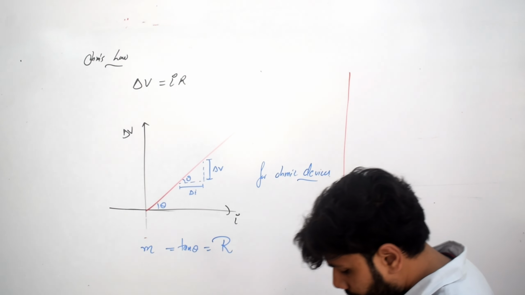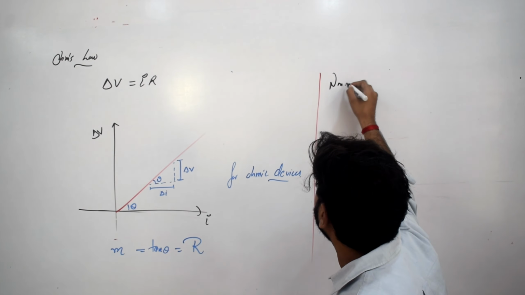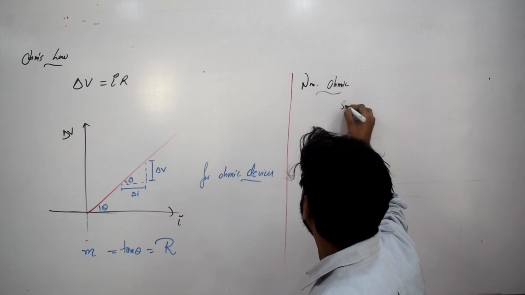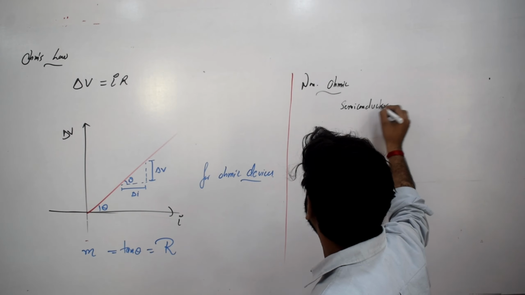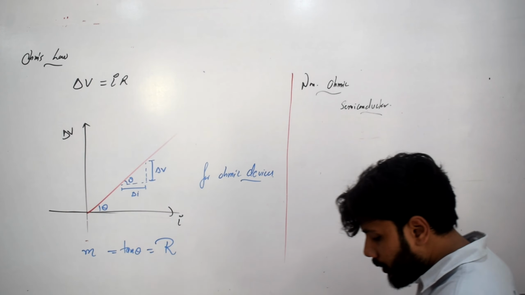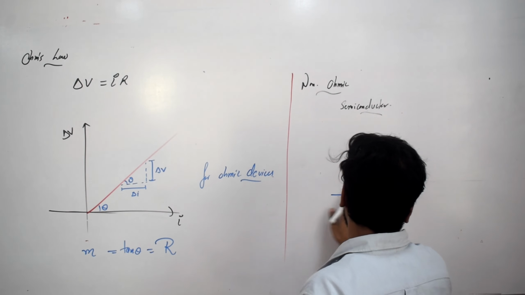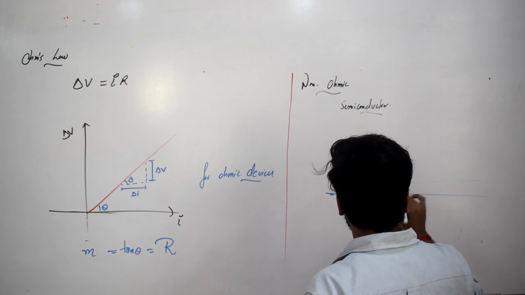For example, non-ohmic, we can take a semiconductor. If you check their graph, that graph is not linear at all.